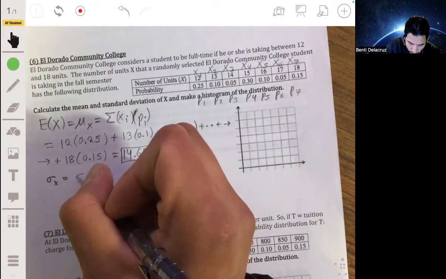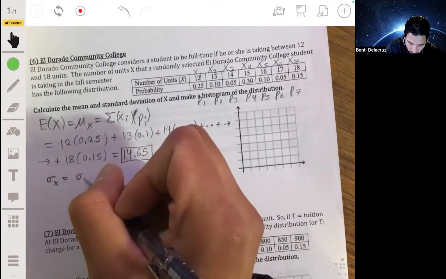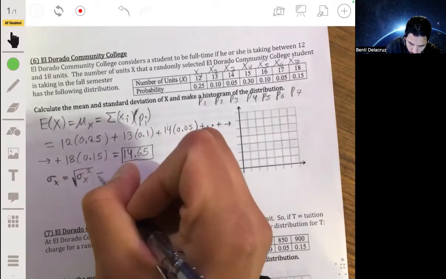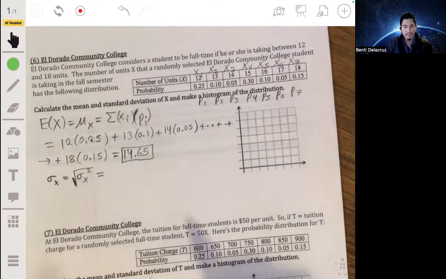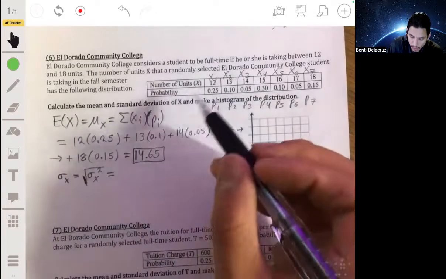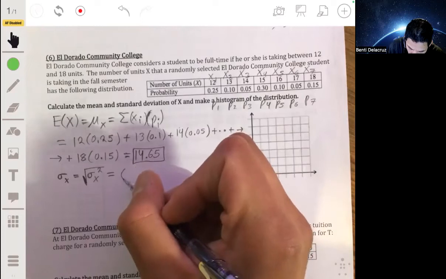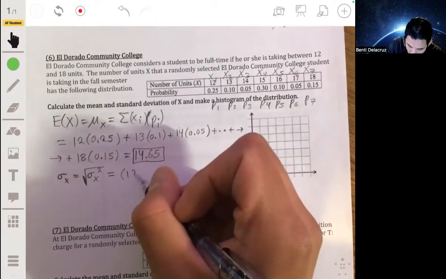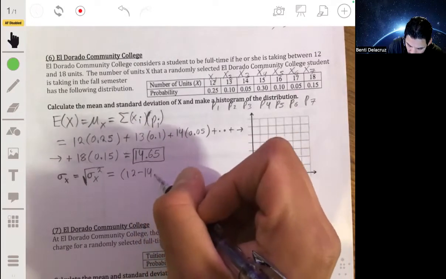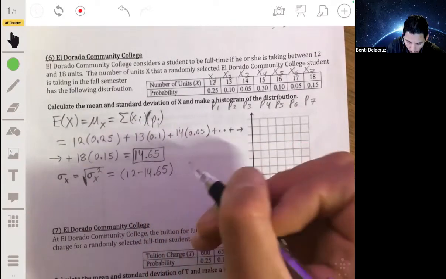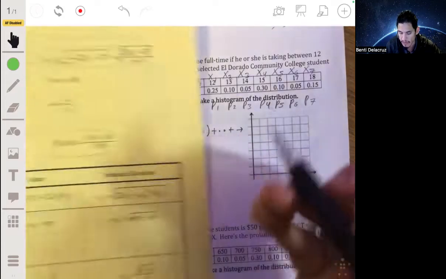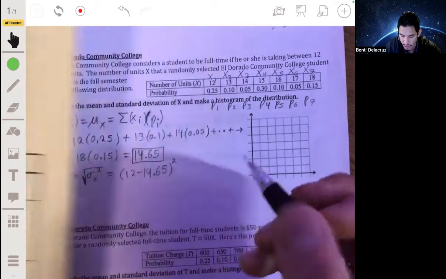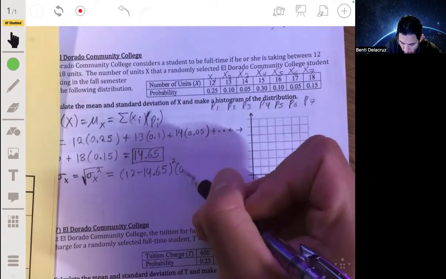Remember, we want to find the variance of X and then take the square root. What you do is you sum up all of these: x1 minus the mean, so 12 minus the mean, which is 14.65, squared, times its corresponding probability, so times 0.25.